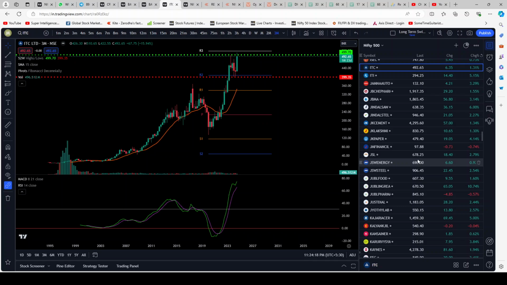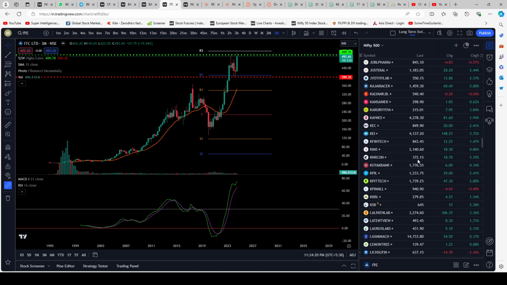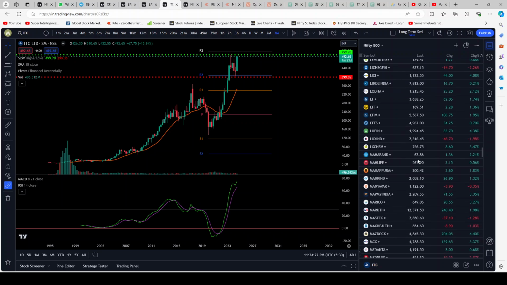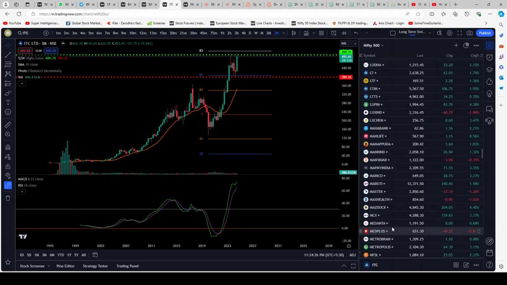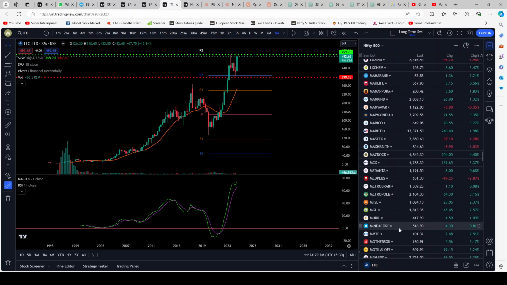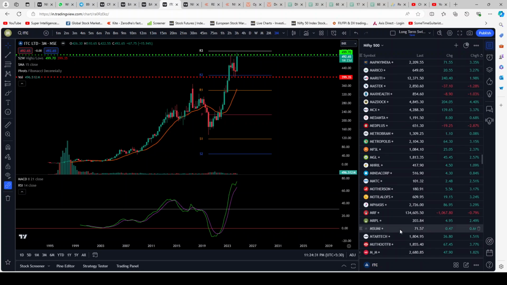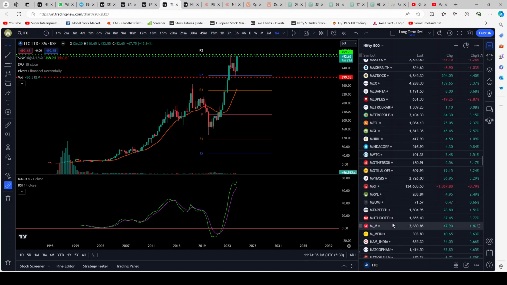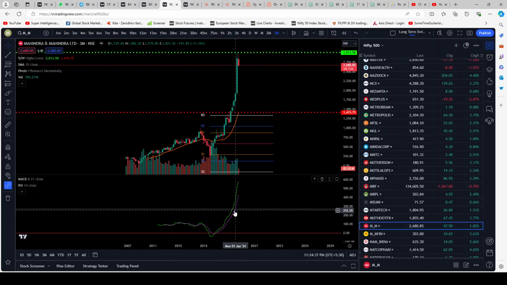What else? I don't know many companies. So let's look at Mahindra and Mahindra. Where is M&M? MRF we already discussed. Okay, M&M. You see it crosses the 50% mark over here in Jan 2023, last year January.